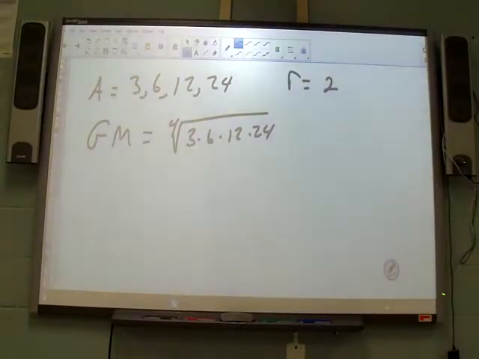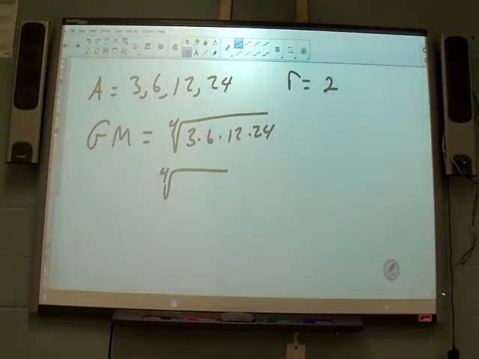So I'm going to do that in my calculator first. 3 times 6 times 12 times 24. I got 5,184. So I need to know what the 4th root of 5,184 is.